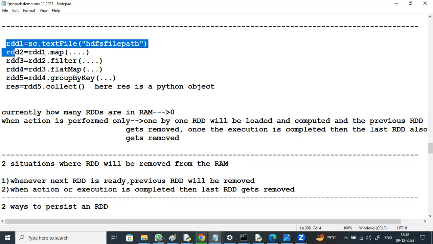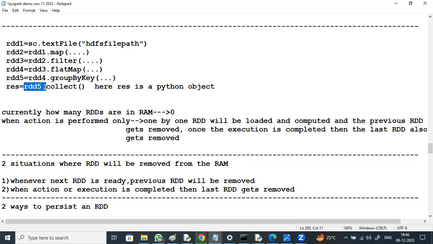Finally, this is a data flow. On RDD5, I am performing an action like collect. What is the result here? Is it a Spark or Python object? Python object. Whenever an action is performed, it gives a Python object. Map, filter, all these are transformations.